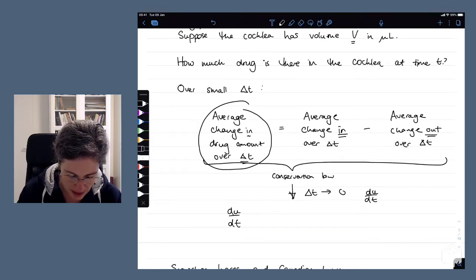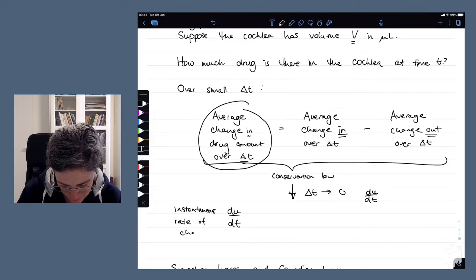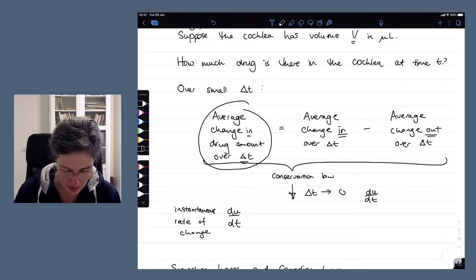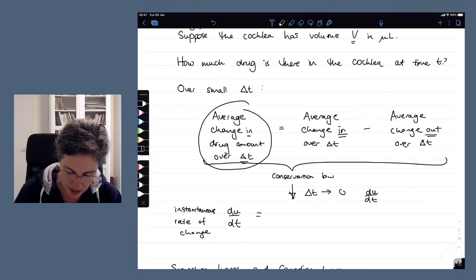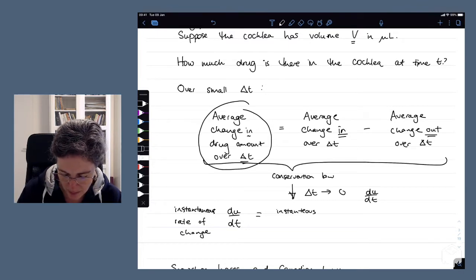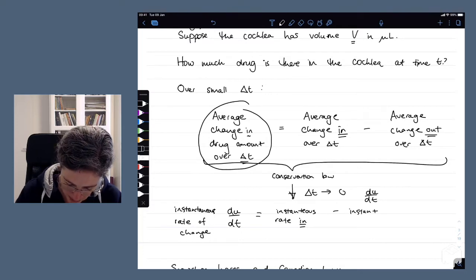So this says our instantaneous rate of change is going to be equal to our instantaneous rate in minus our instantaneous rate out. I lost some letters there. Instantaneous, there we go.